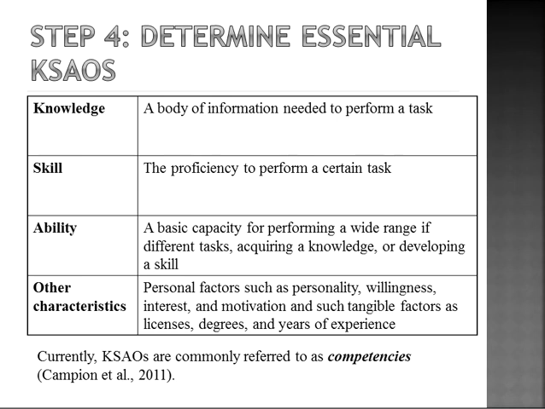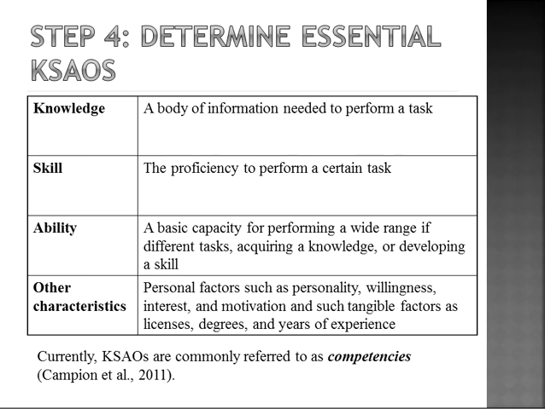Knowledge, a body of information needed to perform a task, the skill, the proficiency to perform a certain task, ability, a basic capacity for performing a wide range of different tasks, acquiring knowledge or developing a skill, and other characteristics. These are personal factors such as personality, willingness, interest, and motivation, and such tangible factors as licenses, degrees, and years of experience.